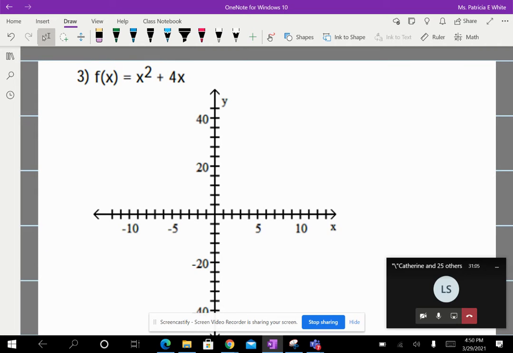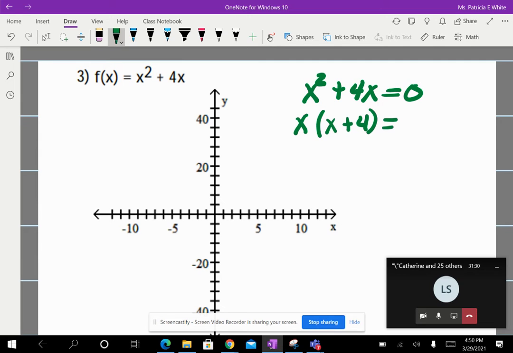Remember, what we want is that vertex, and we want our x-intercepts. So if I factor this, if I say x squared plus 4x equals 0, remember when you're looking at an x-intercept, your y is 0. So the only thing that I can do is x and x plus 4 equals 0.